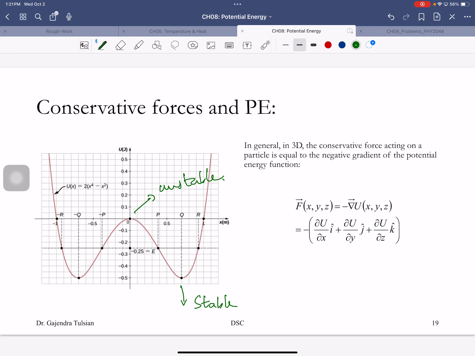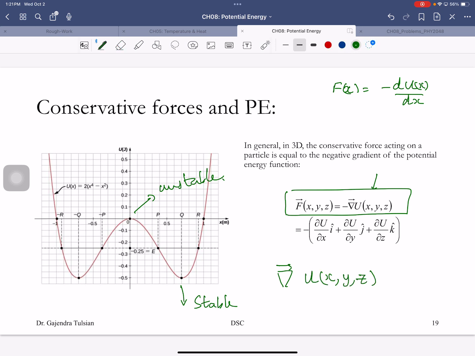For the one-dimensional case, the force is given by minus dU by dx. In three dimensions, force is given by the negative of the gradient of the potential energy function. Here is the potential energy function.